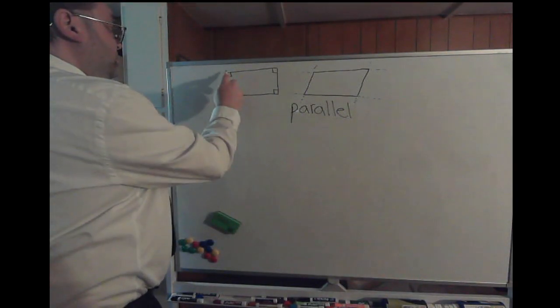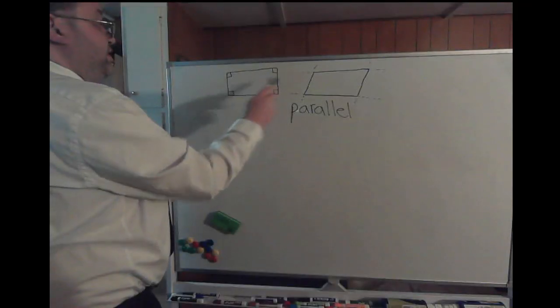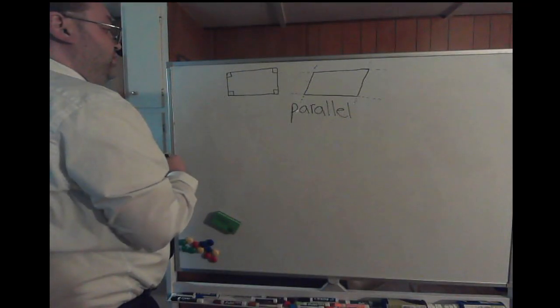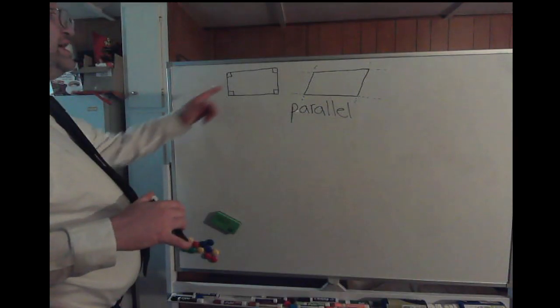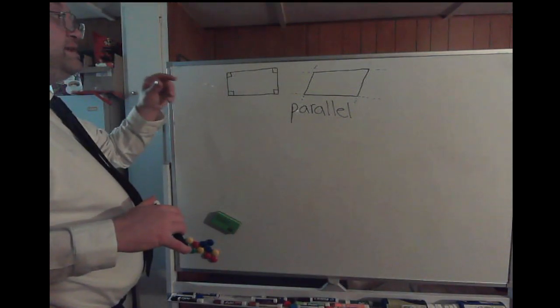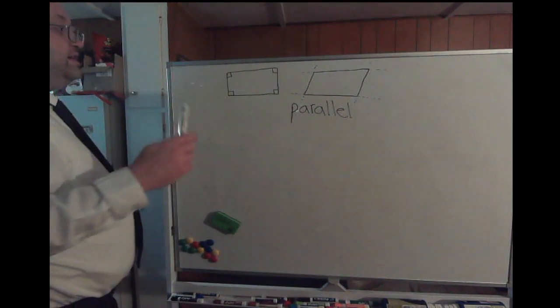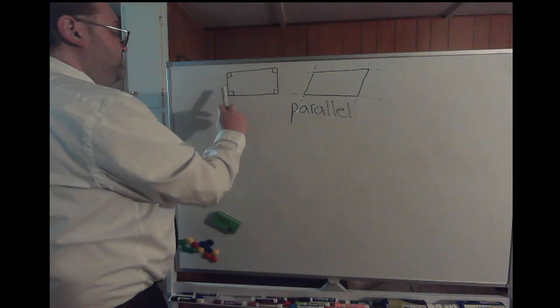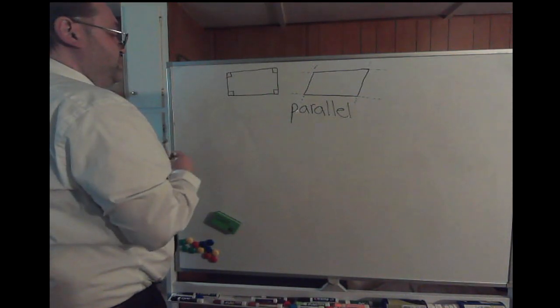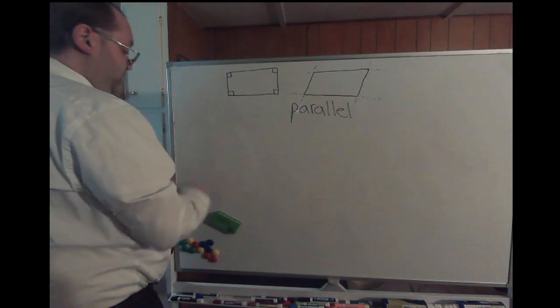A rectangle is actually the same. You have two sets of parallel lines. They never intersect. A rectangle is a special type of parallelogram. A rectangle is a parallelogram because it meets all the criteria of a parallelogram, having two sets of opposite sides being parallel to each other. They just happen to have right angles.